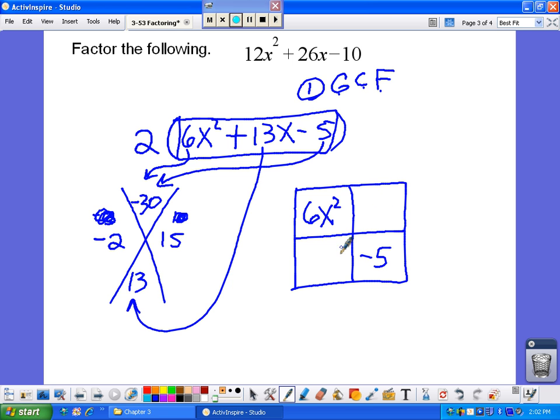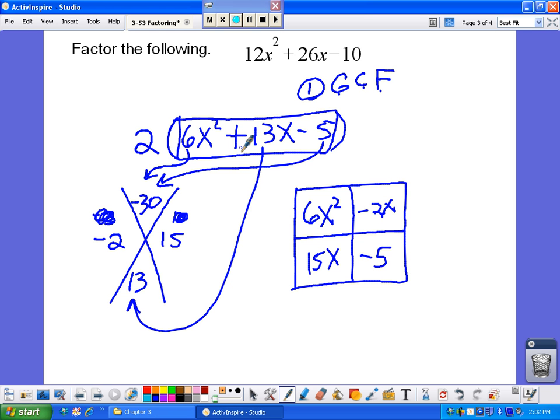And along this diagonal, I use my diamond, negative 2x and 15x. And one thing I didn't show you before, but you should notice, is that this 6x squared and this 6x squared are exactly the same thing. 15x minus 2x is 13x, exact same thing as what we have there. And this negative 5 and that negative 5 are the exact same thing. What is inside this box is the same thing that we have up here.